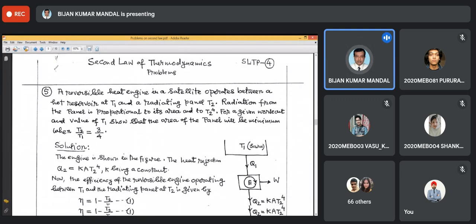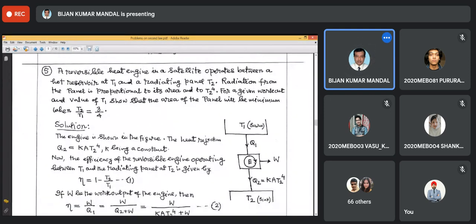Now the situation is like this. That is the heat engine. You can see the figure. From some temperature T1, the heat is added and heat is rejected, that is Q2, to a sink.